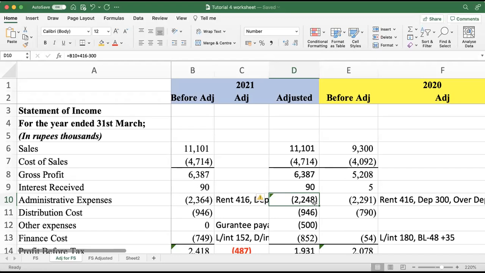You should be able to think of the financial effects of the adjustments and accordingly adjust the financial statements. You will get that experience with this tutorial.